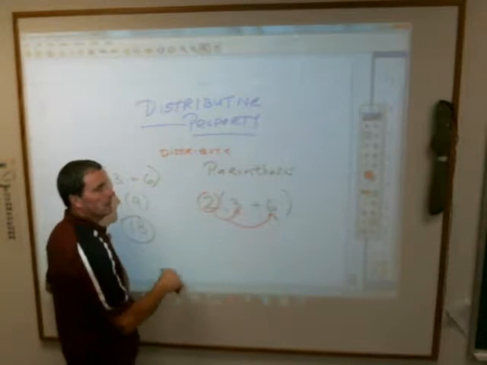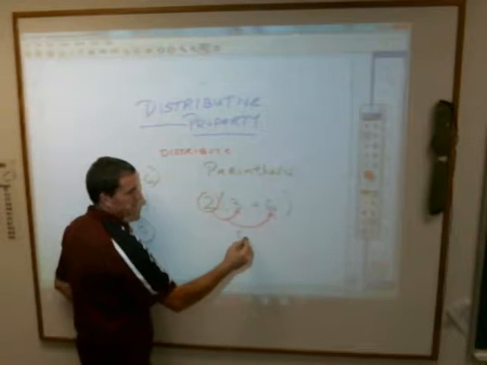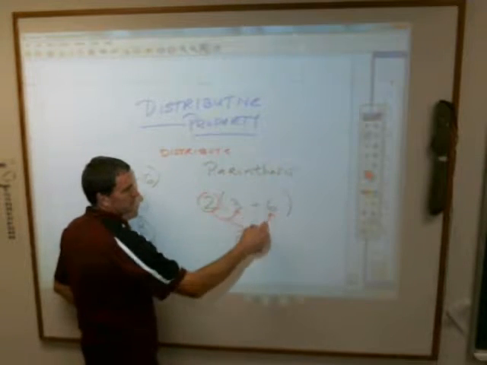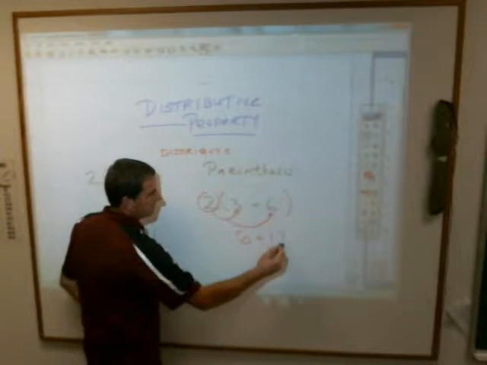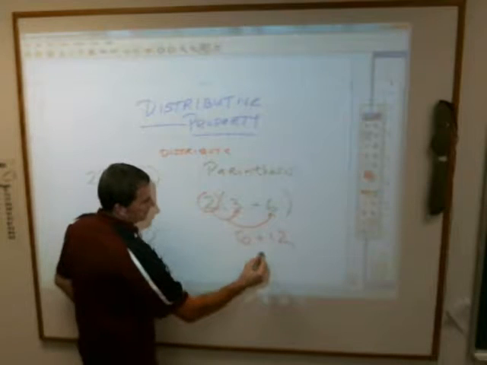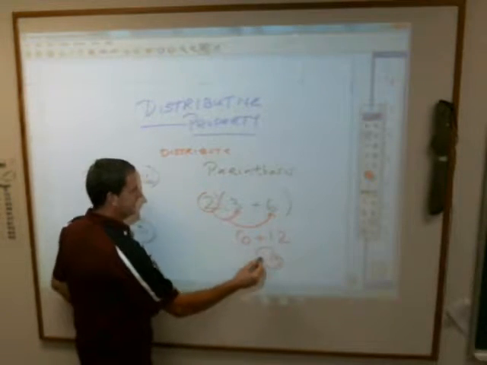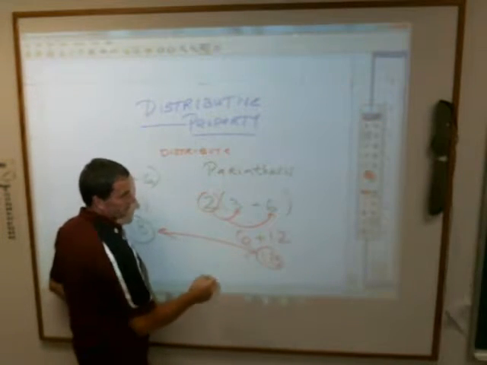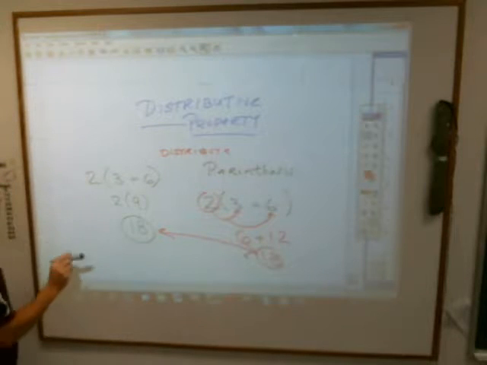Let's do it and then I'll show you. 2 times 3 is 6, correct? 2 times 6 is 12. And when you add 6 and 12, you get the same 18 that you got over here. Okay, so we're going to write that out.